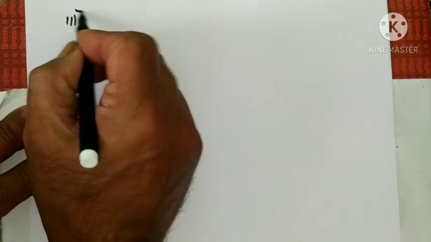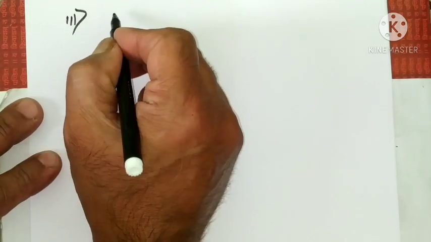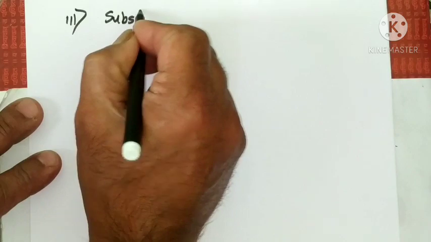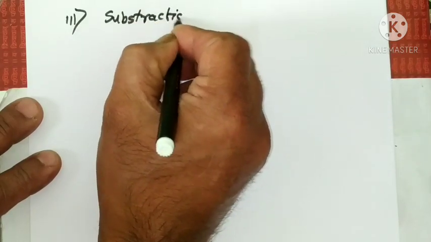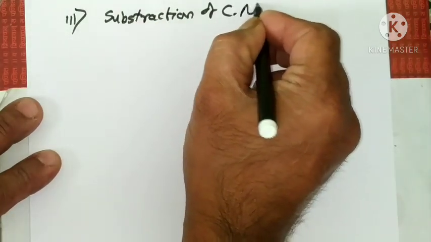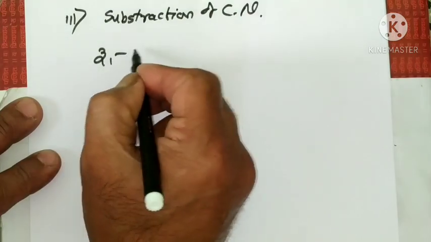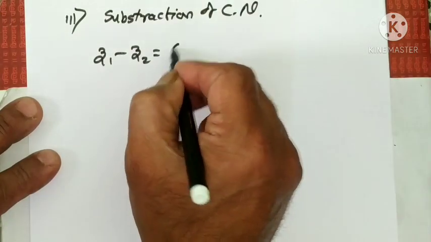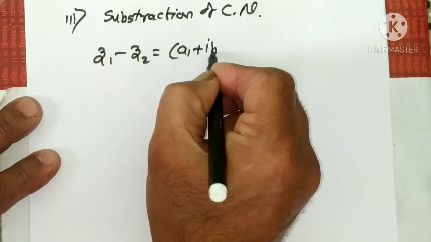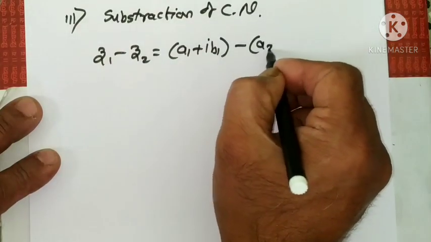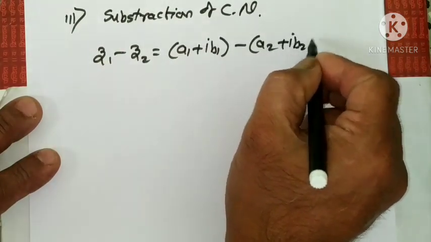Next topic, third point, subtraction of complex numbers. Z1 minus Z2 is equal to a1 plus ib1 minus a2 plus ib2.